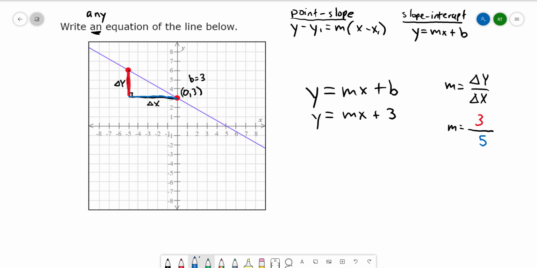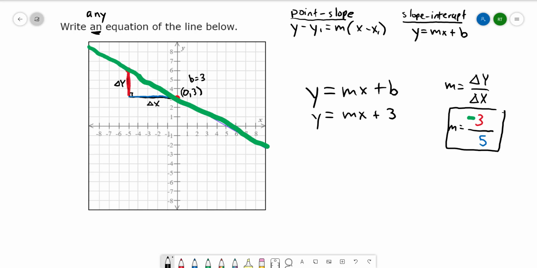Then the last thing I need to do is trace my line from left to right. So I'm going to mark it so you can see. As I trace the line from left to right, you can see that the line is decreasing. Therefore, my slope is a negative slope. So I'm going to put negative 3/5 as my answer, because the type of slope it is will always match the numerical value.